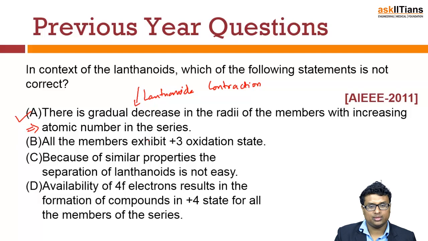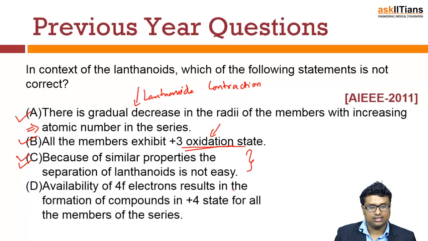Second, all the members exhibit +3 oxidation state. Yes, right. We have also discussed for lanthanides, +3 oxidation state is the most stable. Because of the similar properties, the separation of lanthanides is not easy. This is also a point which we have concluded, right? Because if they have same atomic radii, obviously it will be difficult to separate.